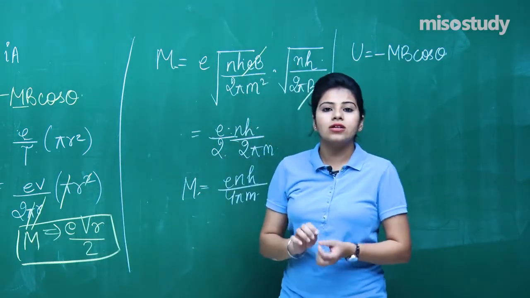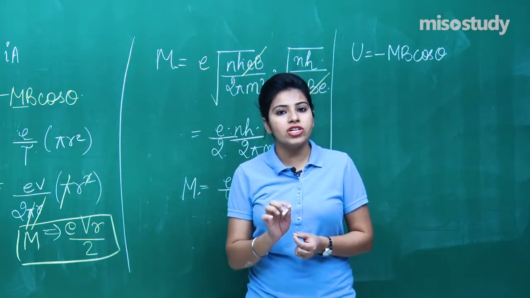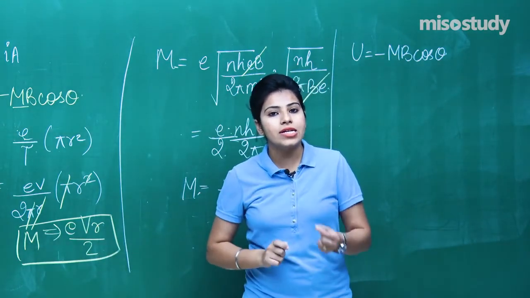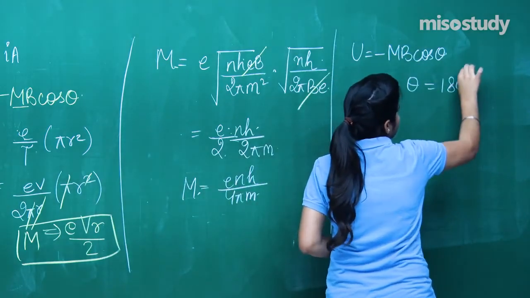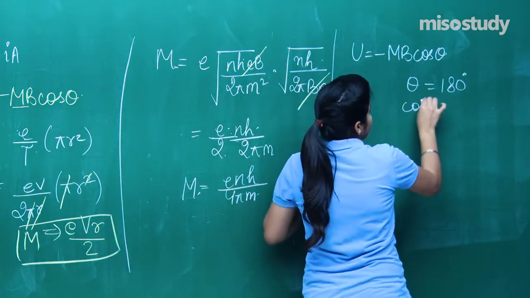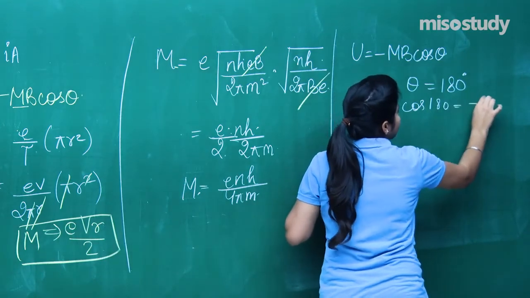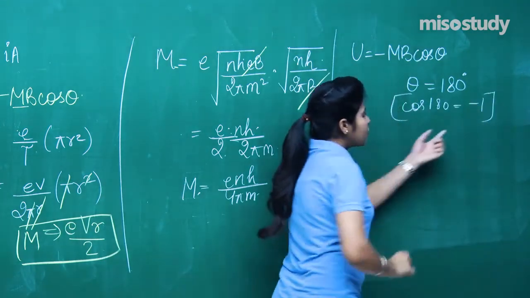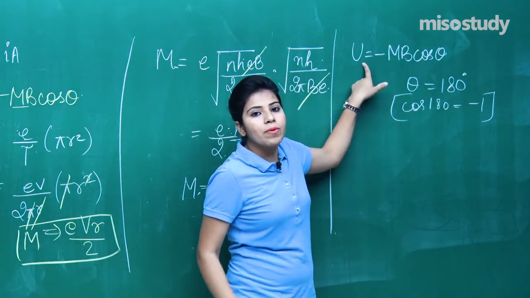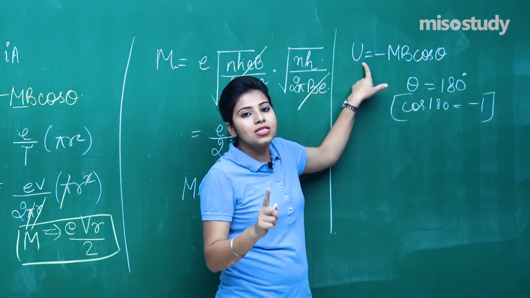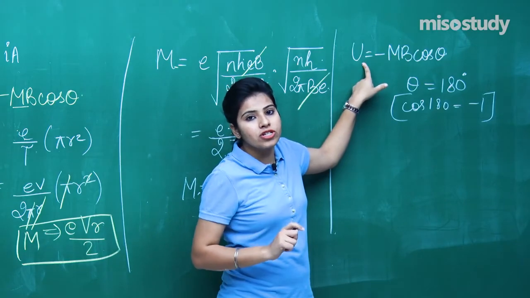And you know that the maximum value of energy occurs when theta equals 180 degrees, because cos 180 is minus 1. If you put this value into this equation, this term will become positive. That means this will be the maximum value of potential energy.